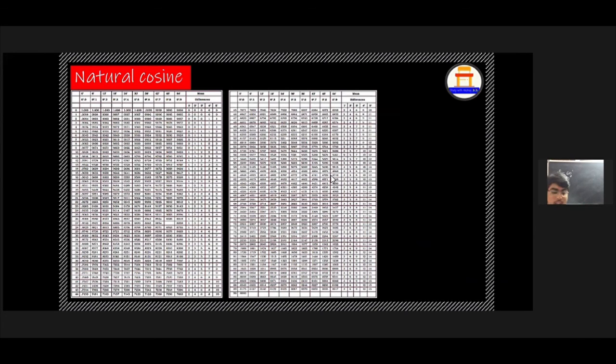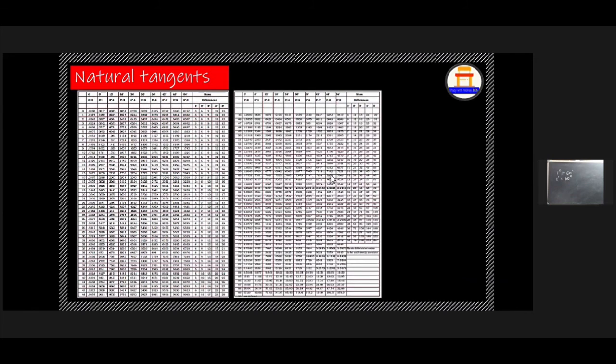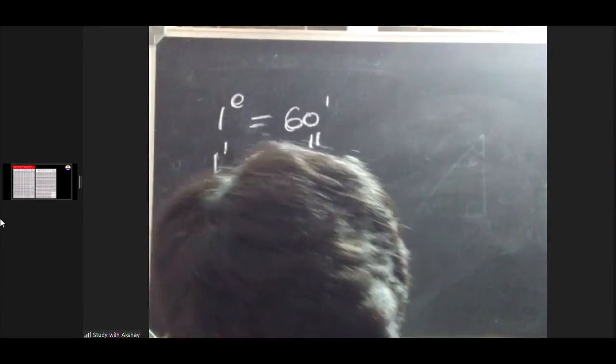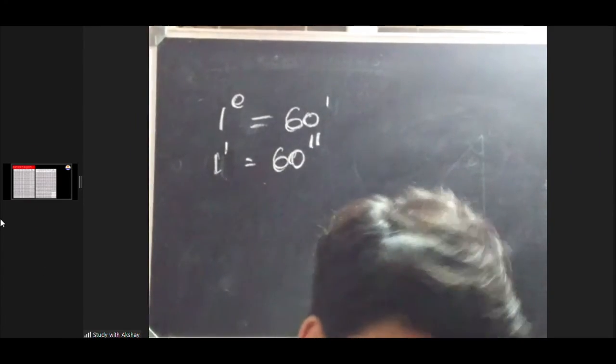In a similar way, we have natural cosine and natural tangent. I want to inform you of one thing regarding these tables.